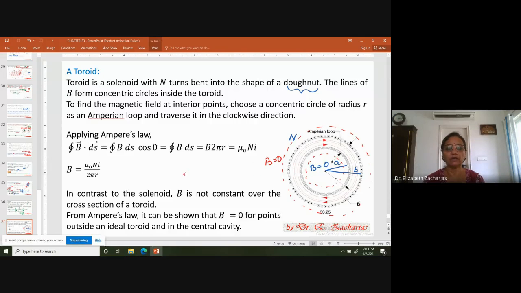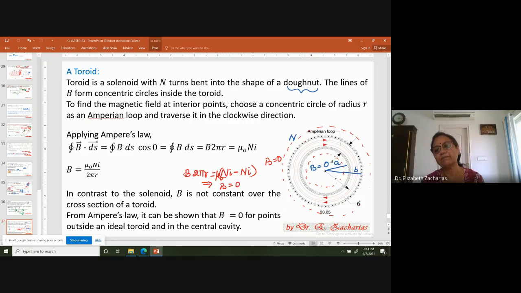How do I do that? B into 2 pi r is going to be equal to mu naught into capital N i minus capital N i. Why did I put that? Can someone explain? Because look at this.